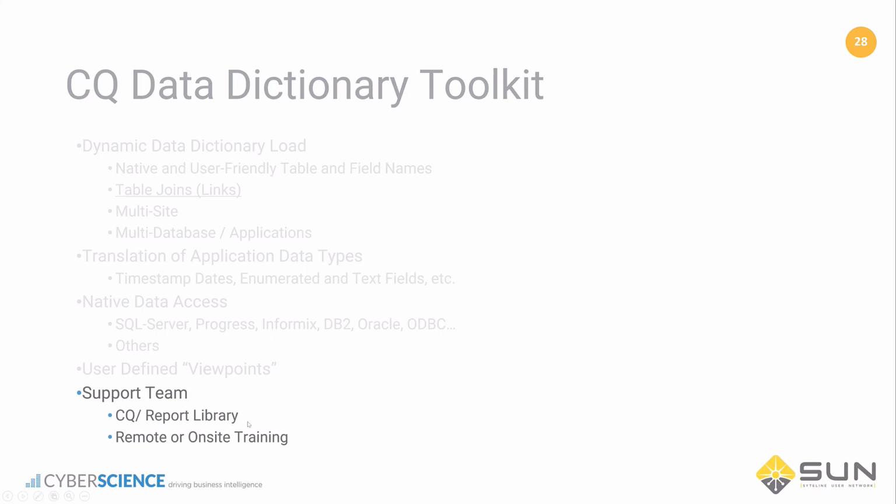So I mentioned before that there's a report library of about 200, 250, maybe 300 reports now that come with the package. You can use those reports as is, modify them for your particular needs, or just use them as training examples. But our people know SyteLine, they know CSI. We've also got great training. You can do the training remotely or on site, whatever works out best for your people.